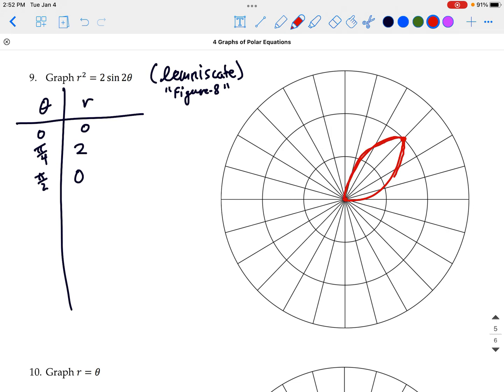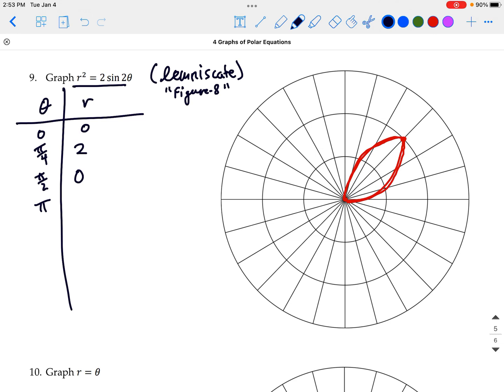So very similar to our rose curve here. But what we'll notice again here is that we cannot be negative, right? We can't be negative numbers, so we need to skip over any values that make sine of 2 theta negative. So something like 3 pi over 4, we can't use 3 pi over 4, because it would give us a negative value.